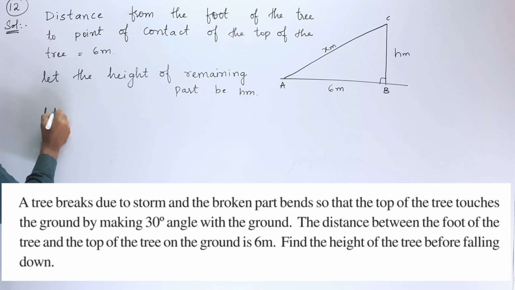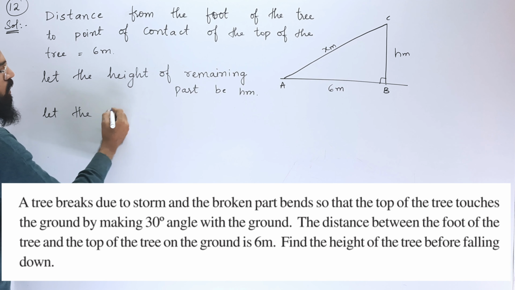So let the length of the broken part be x meter. Next, when we add these two, remaining part and the broken part, we will get the height of the tree. So let us find out.